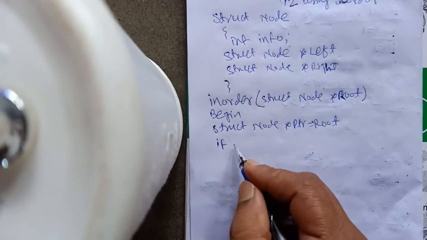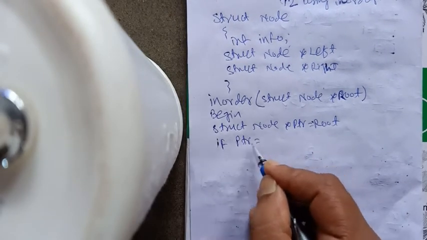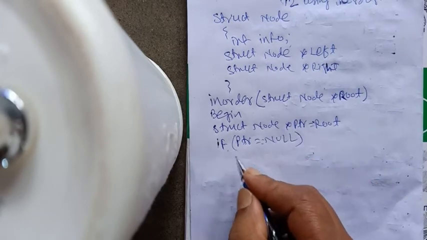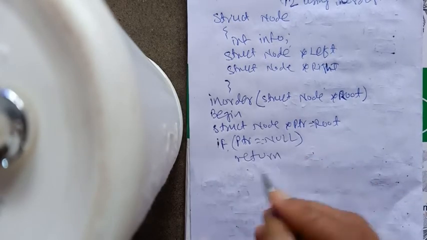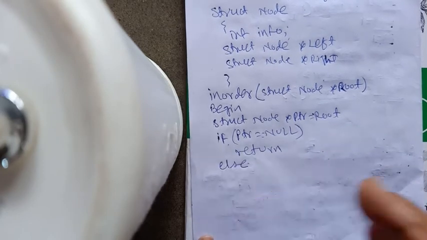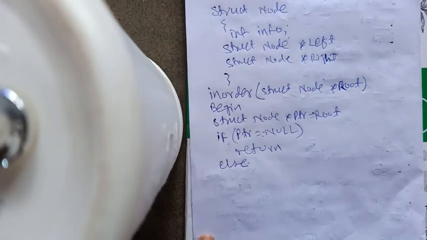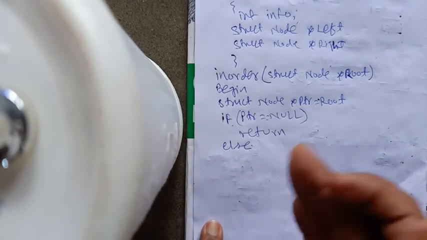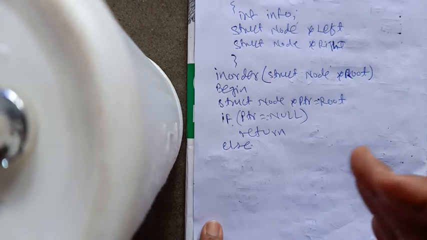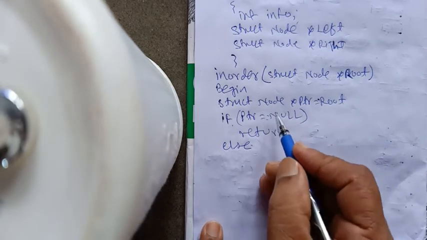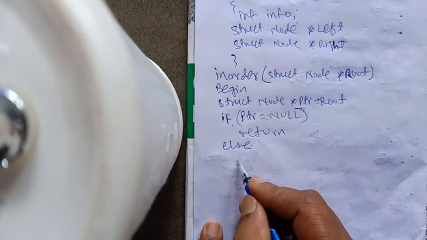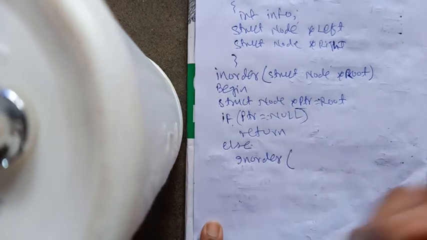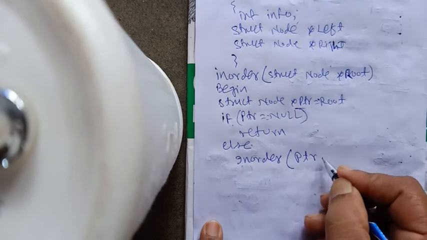Then simply check if ptr is null. This is for the return criteria. So if ptr equals null, then return, my algorithm will stop. Else I have to perform those 3 steps. At first I will call the recursive function to traverse the left subtree of ptr. So how can we call? I will call inorder, and the parameter that I should pass is ptr of left.